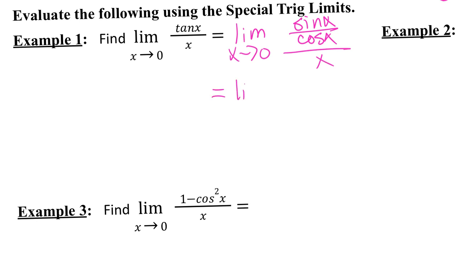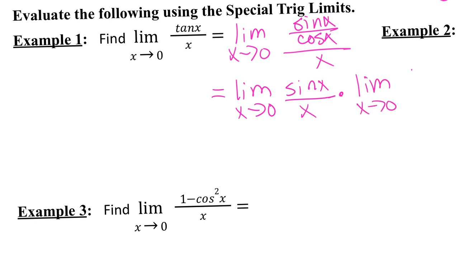Could I then take this and say the limit as x goes to 0 of sine x over x times the limit as x goes to 0 of 1 over cosine x? All I did was separate them out into two separate limits, right? Some of the properties we learned.